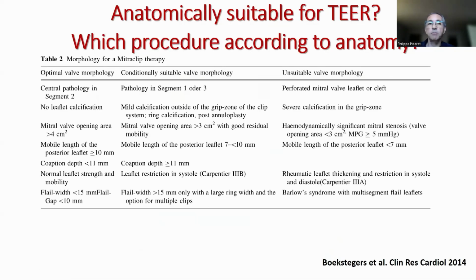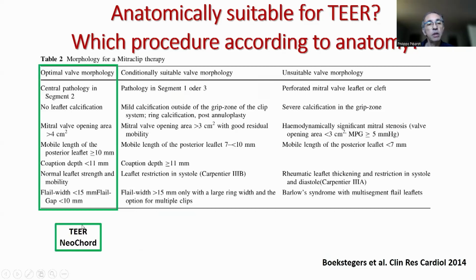Then the next step, once you know the patient is probably a good candidate for TEER, is to make sure that the patient is anatomically suitable for TEER. And you have this great table that provides the criteria of suitability for TEER, here for the MitraClip. In the left column, if you have these criteria in the green zone, these are patients who are suitable for TEER.